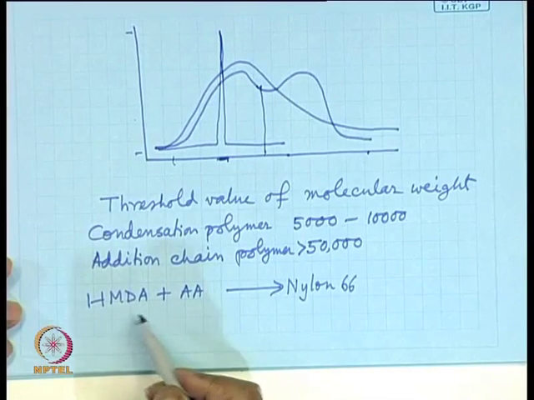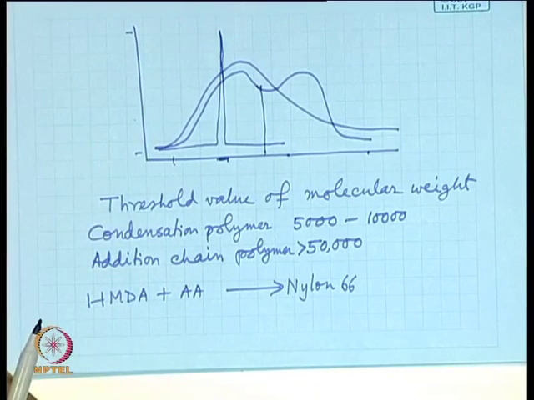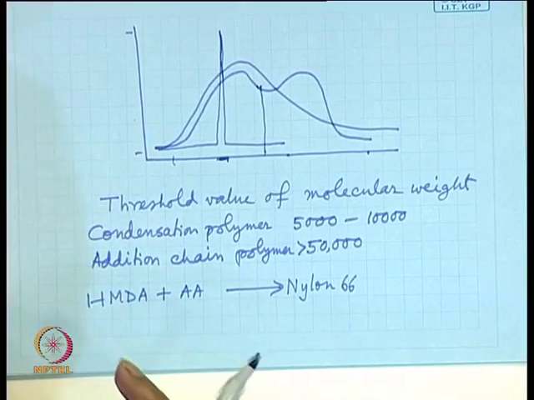It is very difficult to take exactly the same weight. So, in order to avoid that, you dissolve these two and mix the two solutions, and the salt will precipitate out, and that salt will be formed in 1:1 molar ratio.